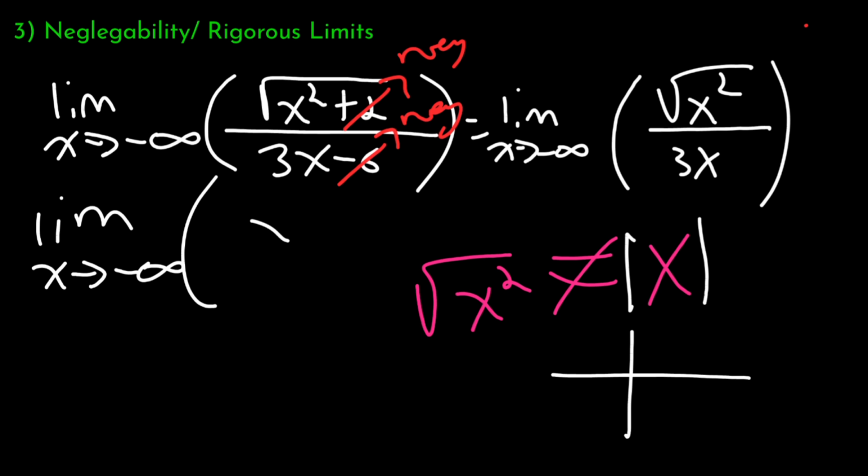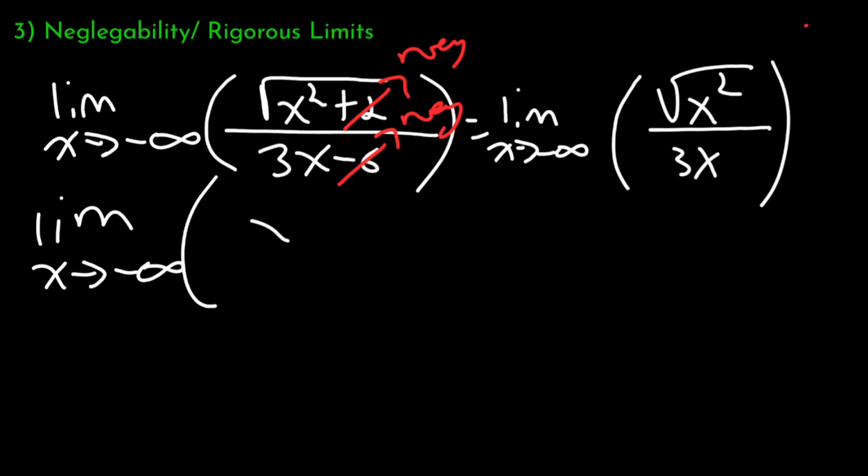So we know that x is negative in this case. x is a negative value. So, sorry, the positive 1/3 was not right in this case. Since our x value is going to negative infinity, it's not just going to be x over 3x.